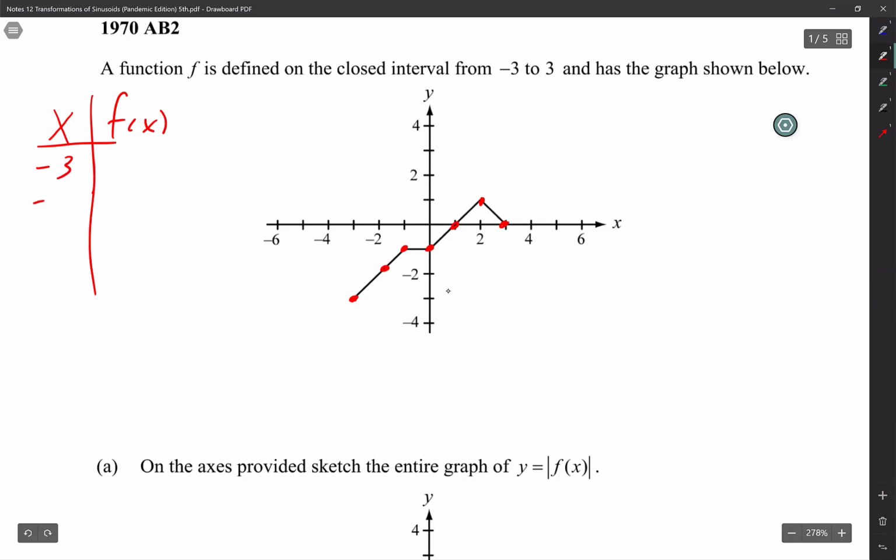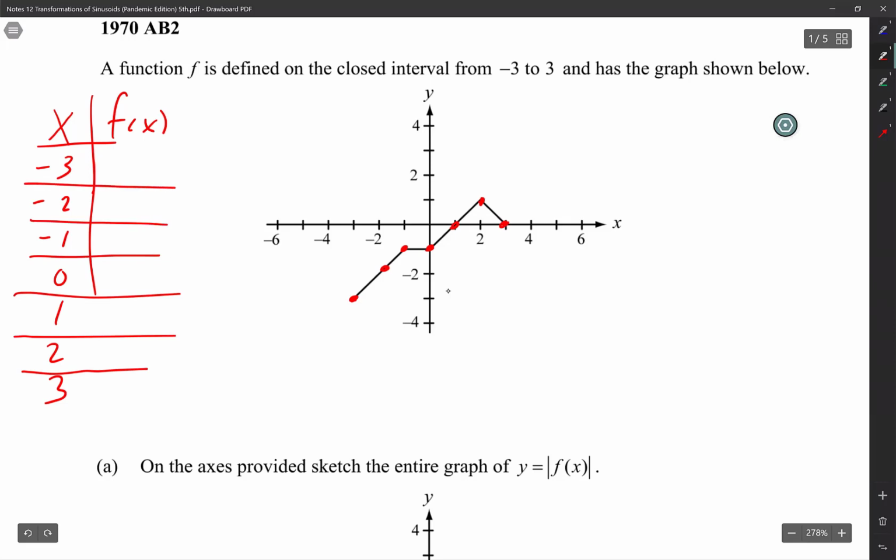So -3, -2, -1, 0, 1, 2, 3. At -3, that's -3. At -2, that's -2. At -1, that's -1. At 0, -1. At 1, 0, at 2, 1, and at 3, 0. So there it is. I just made a table, and it's just your coordinate points.